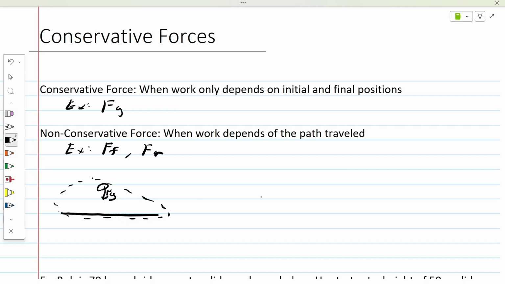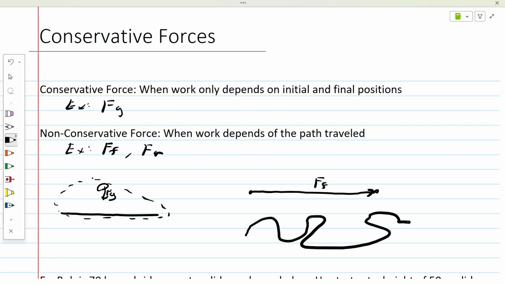But if we have friction, if something travels from here to here, the force due to friction is going to be less than if you travel in some long path to get from here to here. At every point there's more and more friction. So the way we can think about non-conservative forces is that they're losing energy. There's some energy leaving the system by this non-conservative force.